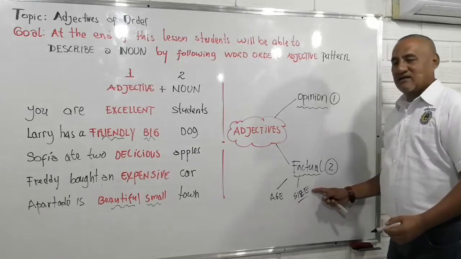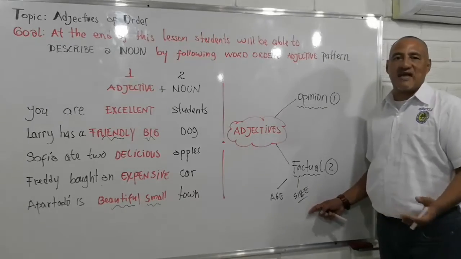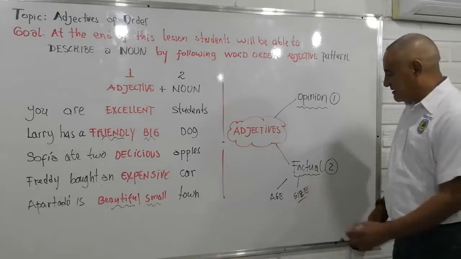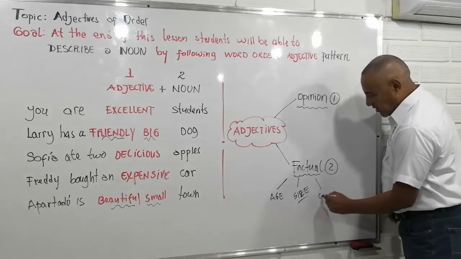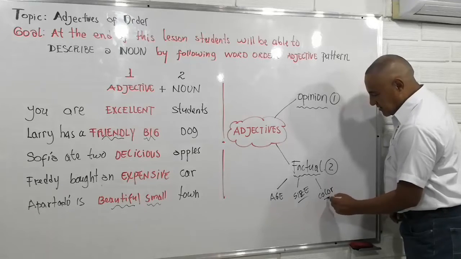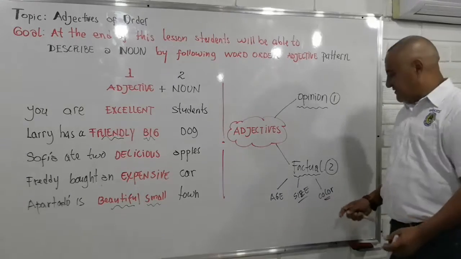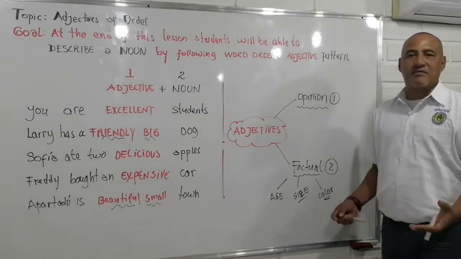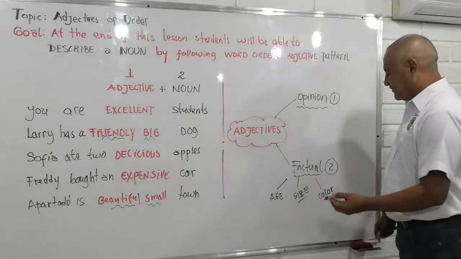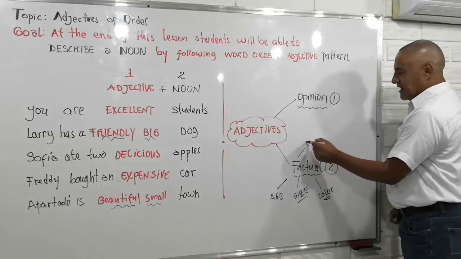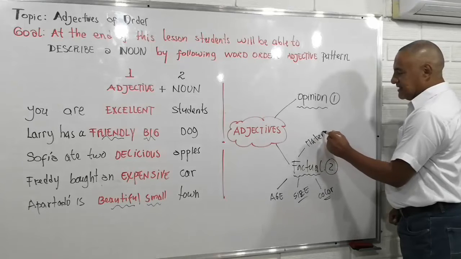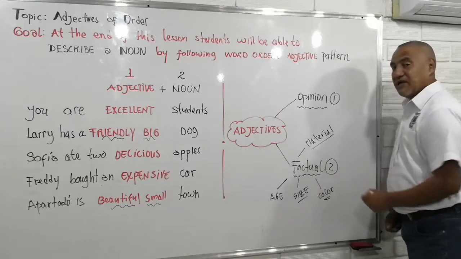Yes, size. So factual adjectives give us information about the size: small, big. Color, yes. Factual adjectives give us information about color: red, white, black, etc. Material, yeah, what kind of material the object is made of.